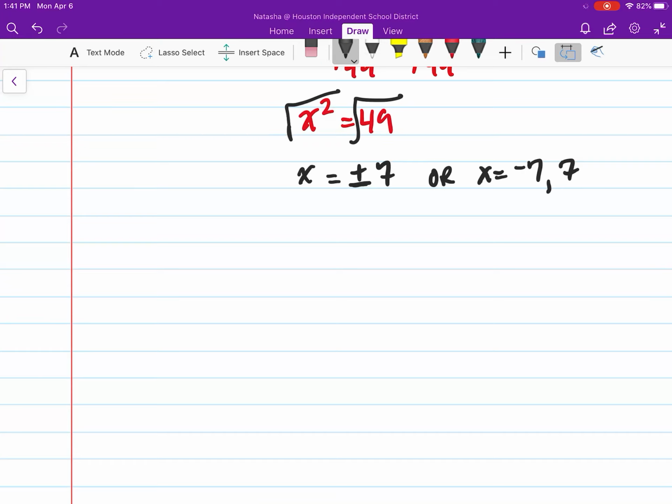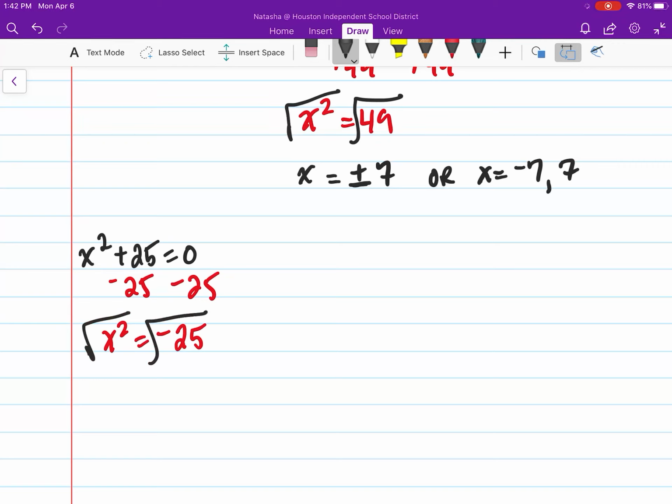All right, now let's look at a problem where we don't have a solution and talk about why we don't have a solution. If I give you a quadratic equation, and on your notes this is question number 3, x squared plus 25, and let's say that's equal to 0. Now I'm going to subtract 25 from both sides. So x squared is equal to negative 25.